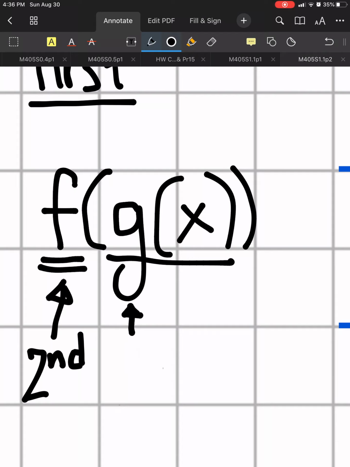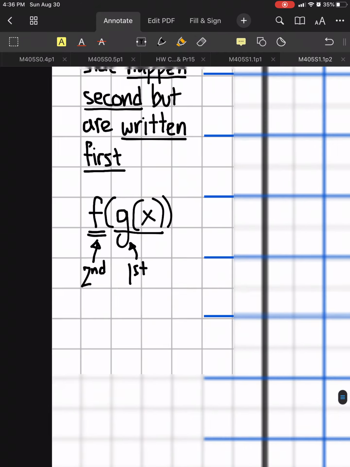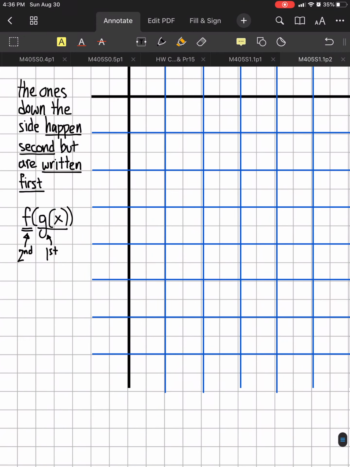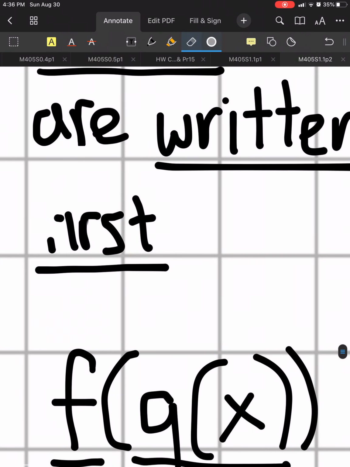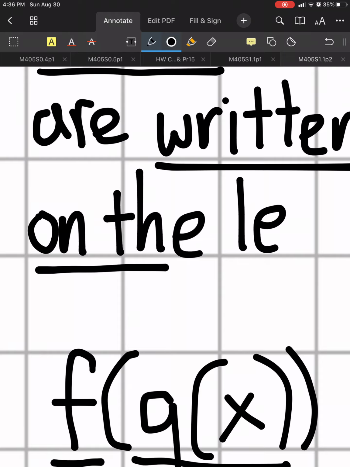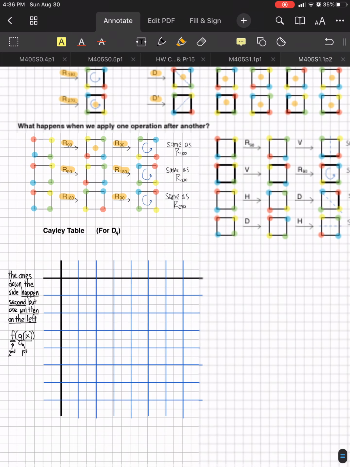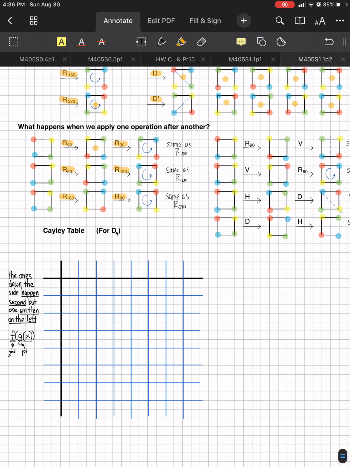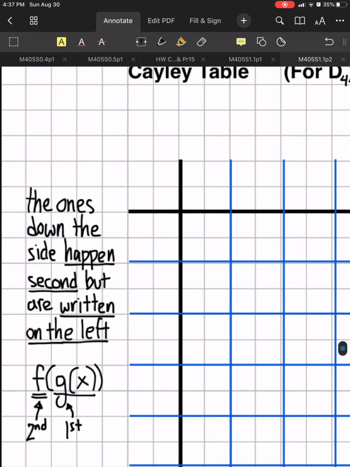So the ones down the side happen second but are written on the left. That's a lot better than what I was writing. I'll have to adjust those things up above before I save this as a PDF.